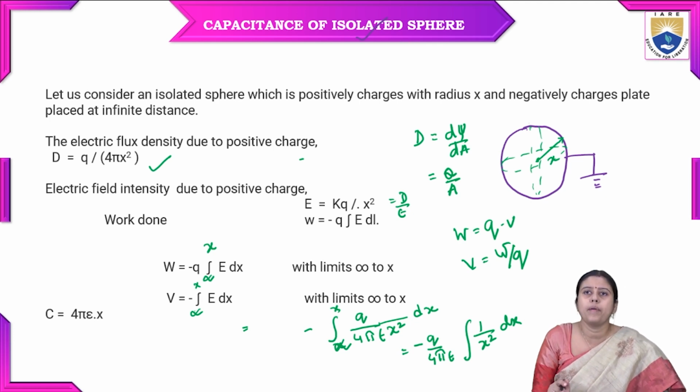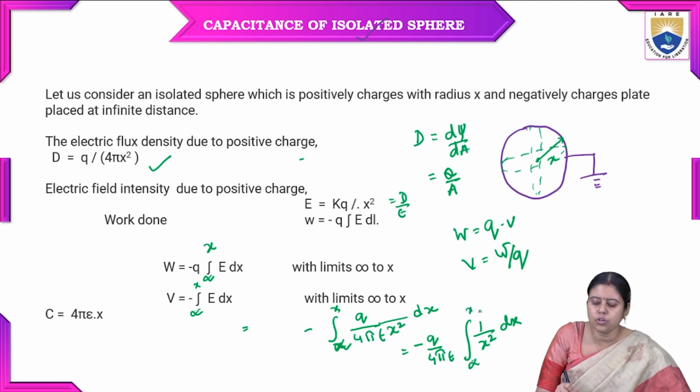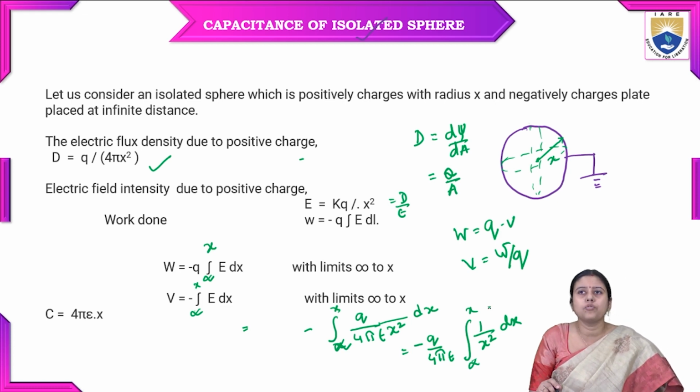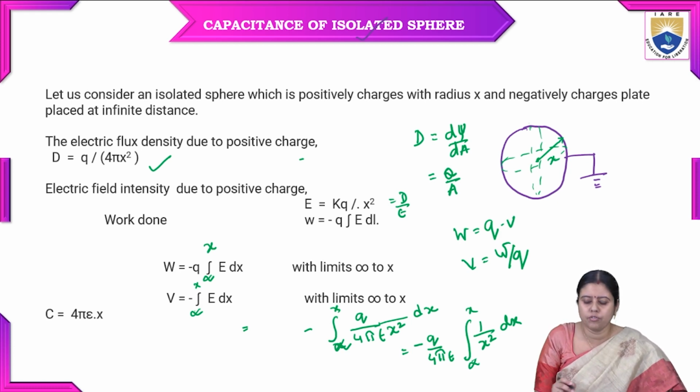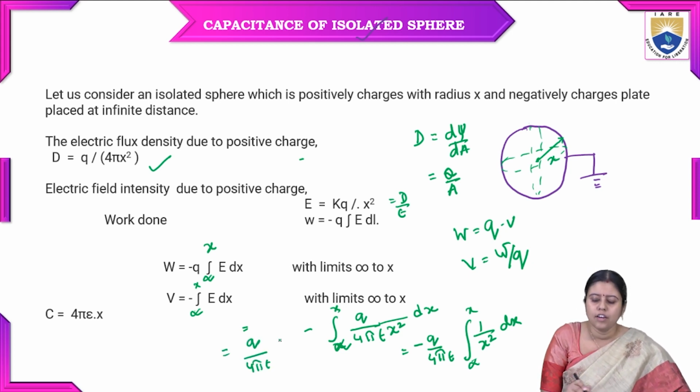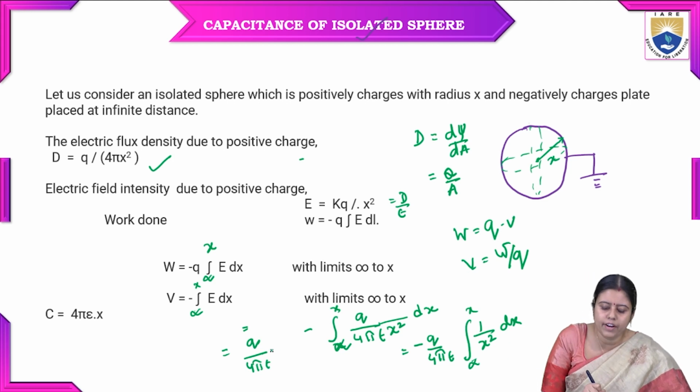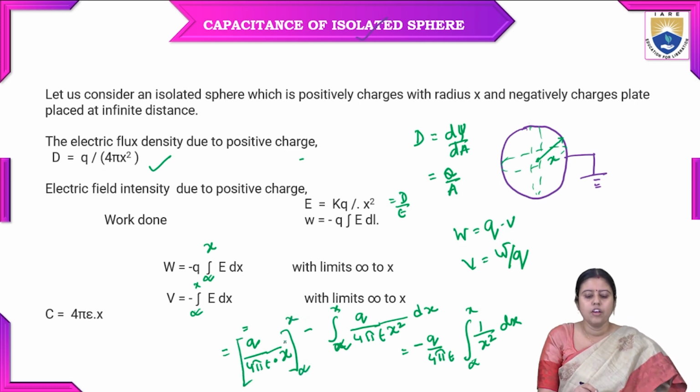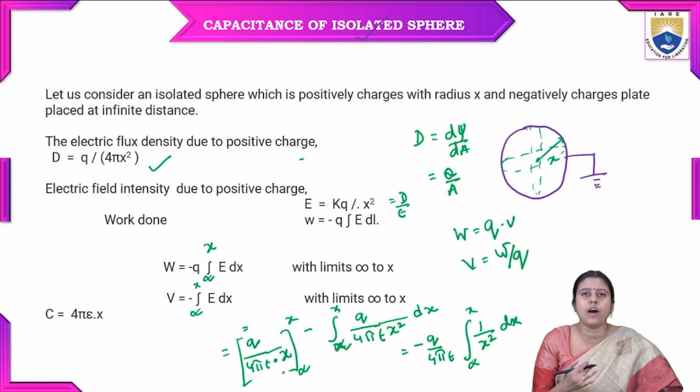Minus 2 plus 1 is minus 1. So we get Q by 4 pi epsilon times x to the power minus 1, which is nothing but 1 by x. And the limit is infinity to x. So at x we have 1 by x, and 1 by infinity is equal to 0.